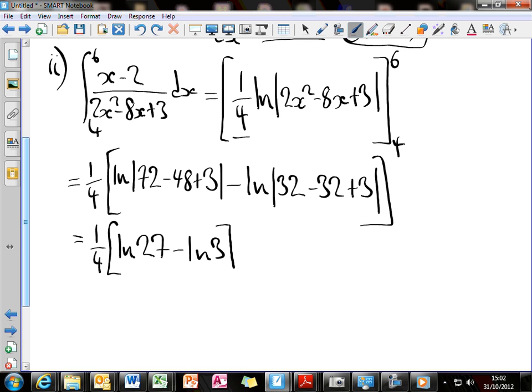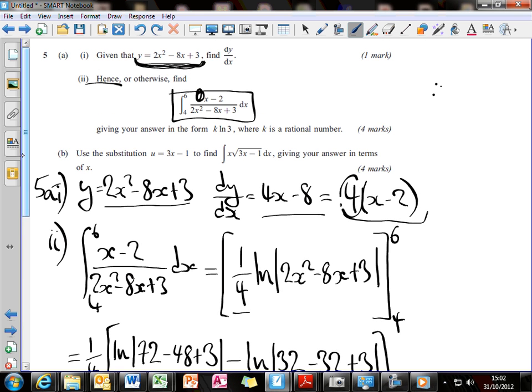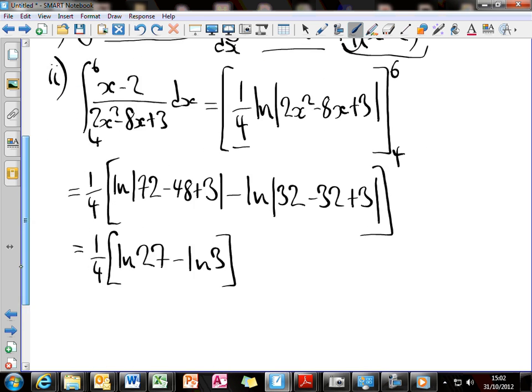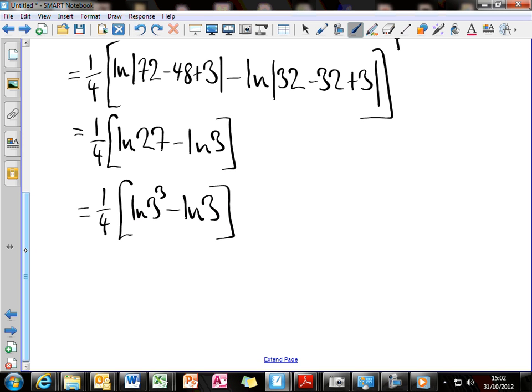Okay. Let's just go back up and see what it wants us to write it in. It wants the answer to be some number k multiplied by ln 3. So let's try and get everything in terms of ln 3. Well, this is going to be ln 3 cubed minus ln 3. And remember, I can take the power of 3 out to the front of the log.